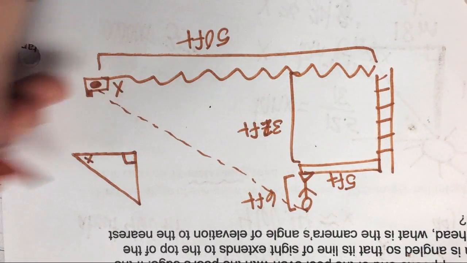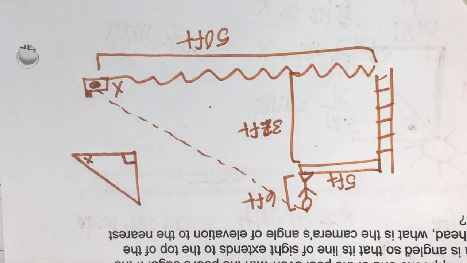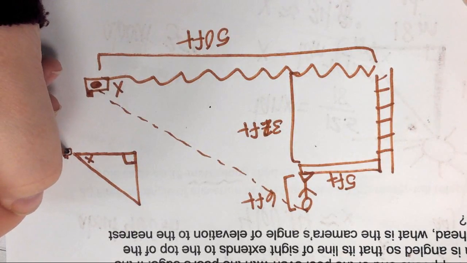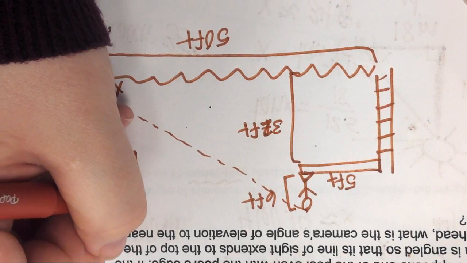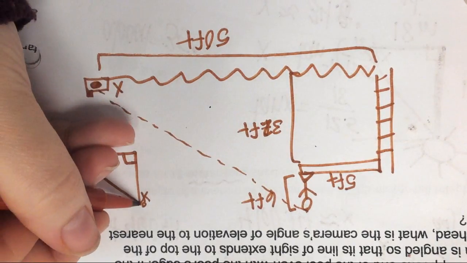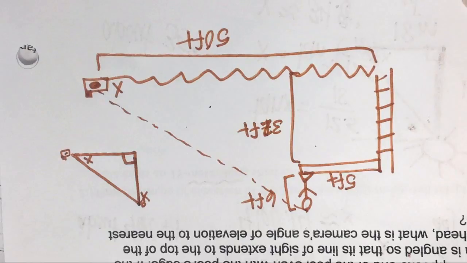I'm looking for this angle. They don't tell me how far it is from the camera to the guy's head. But they do tell you how high it is from the bottom to the top of the guy's head. What number should I put on this side of the triangle?